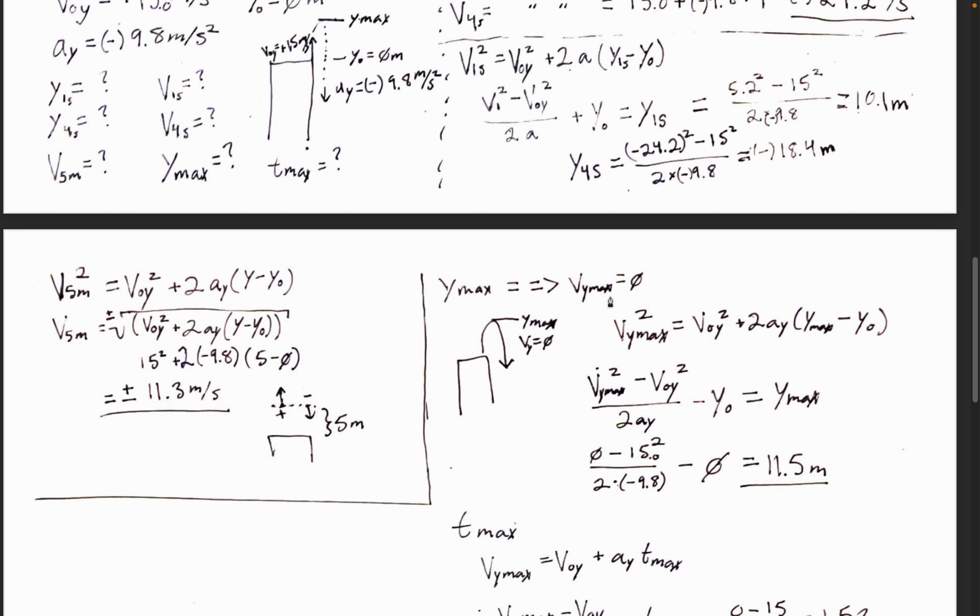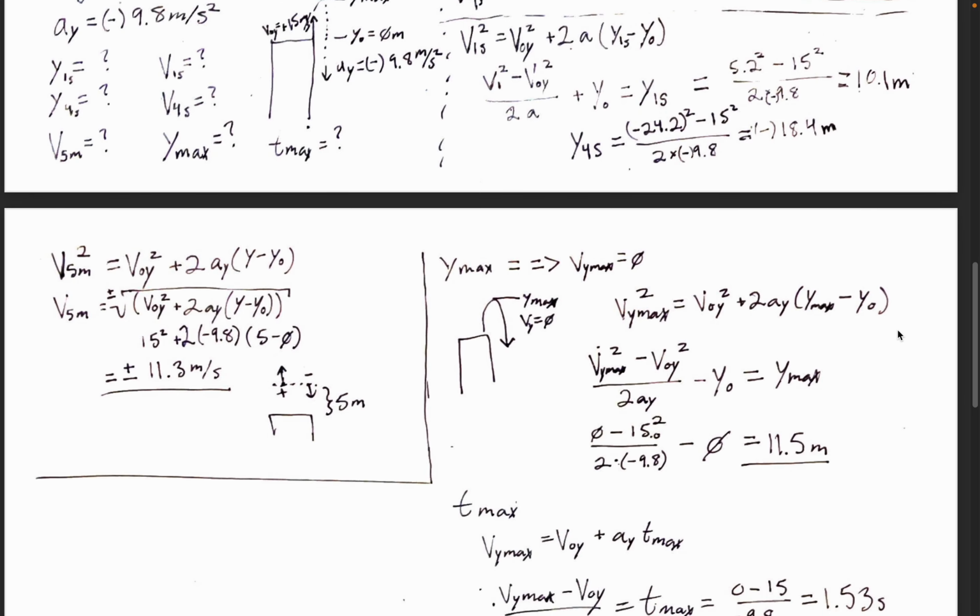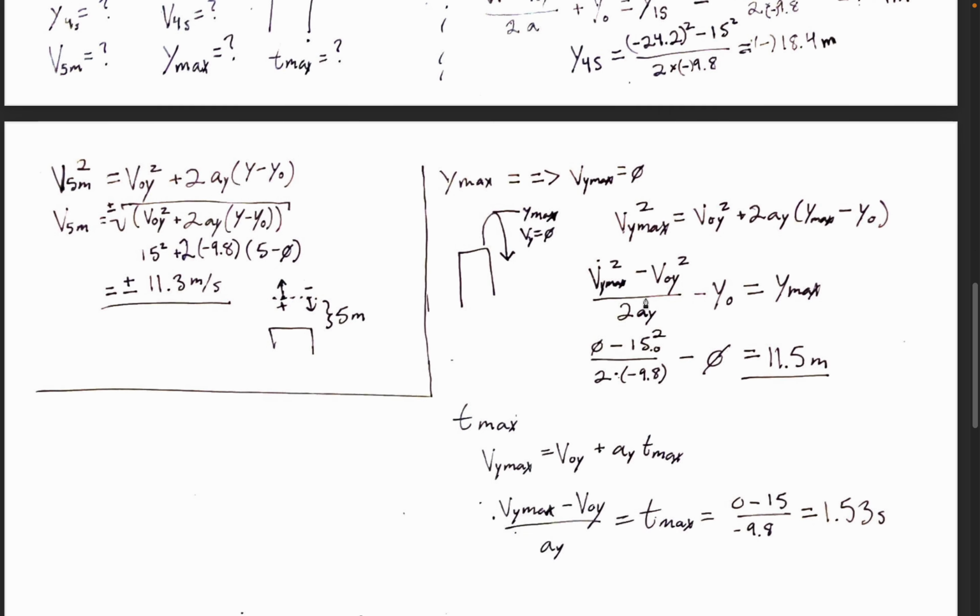And so we take that as the given y final and input it into this equation. You know, we've used this a couple times now. And so we rearrange it again, get y max on its own, input all of the values again, and you'll get 11.5 meters. This one definitely has to be positive because it's going up above the building.